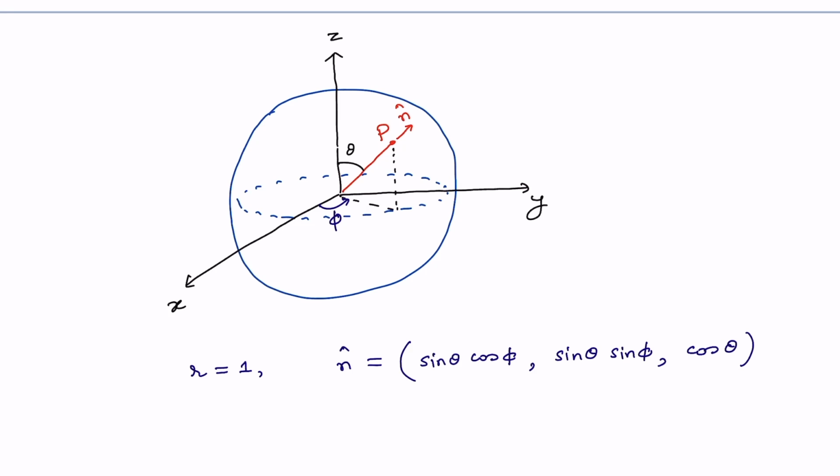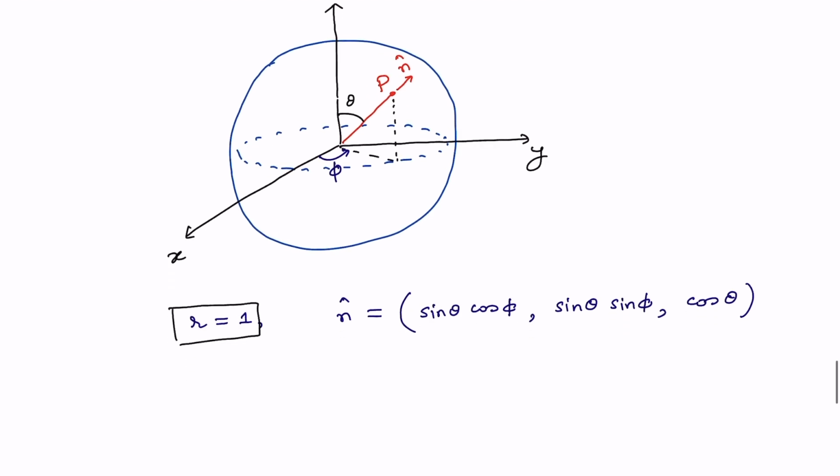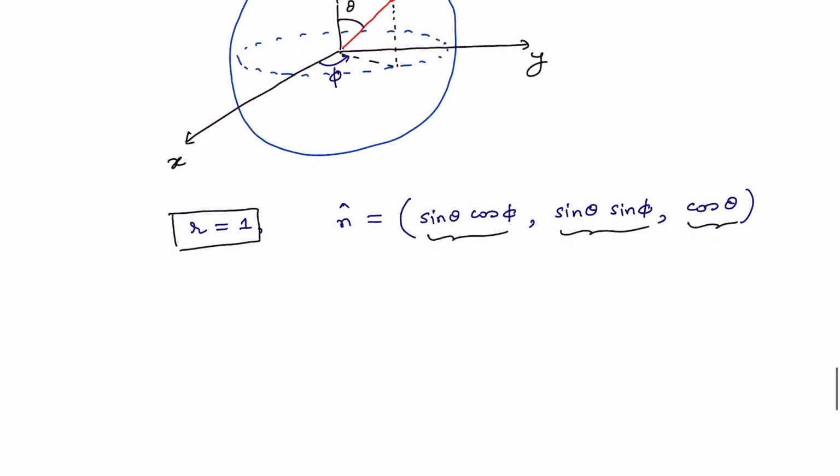The radius of this sphere is simply unity, and then I can define an arbitrary direction n cap by this relation. Because r is equal to 1, the components would be simply sine theta cos phi, sine theta sine phi, cos theta. So n cap represents an arbitrary direction.